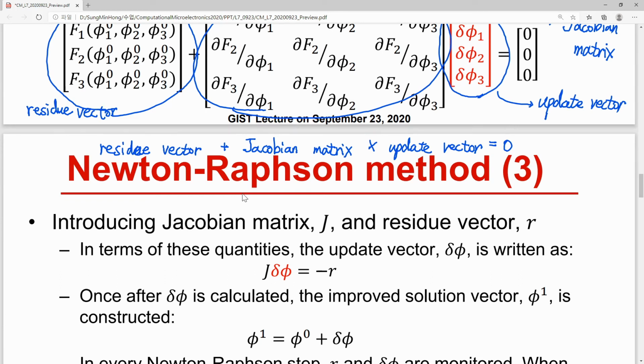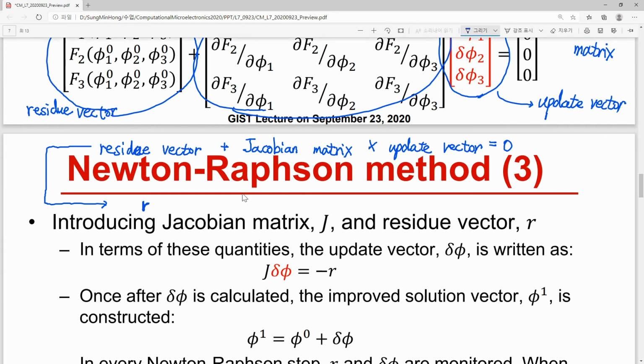Then let me introduce a simple notation for this residue vector, Jacobian matrix, and update vector. How about this residue vector is written as R, and the Jacobian matrix is written as just J, from Jacobian, and this update vector is delta phi.